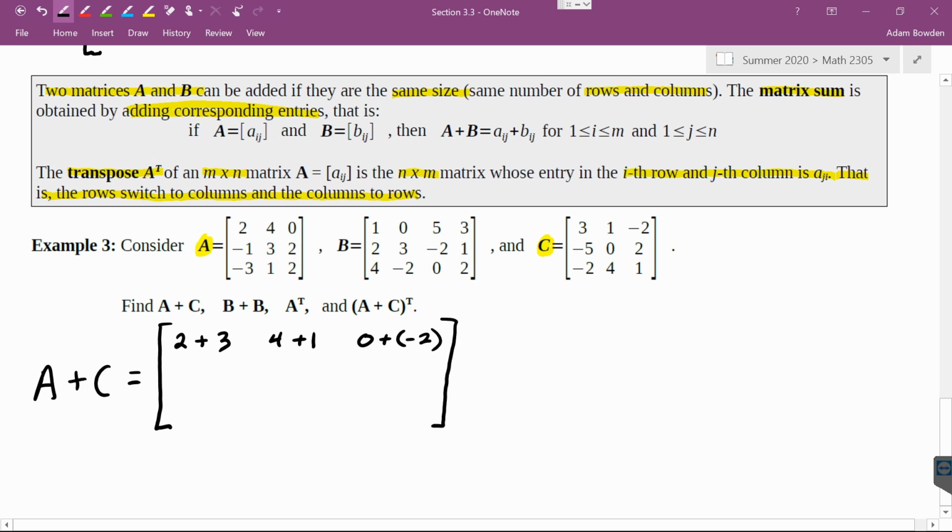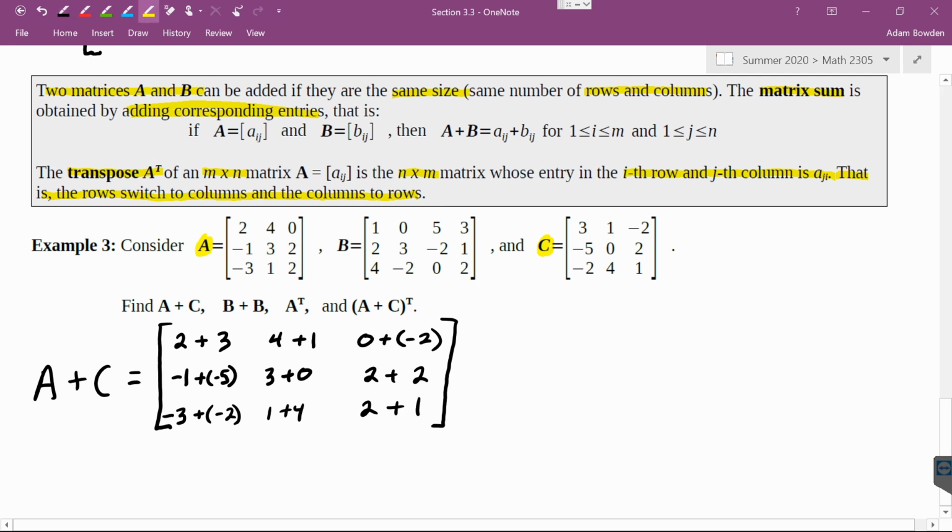Then down below we have a negative 1 plus a negative 5, a 3 plus a 0, and a 2 plus 2. Down the last row we have negative 3 from one plus a negative 2 from the other, 1 plus 4, and 2 plus 1.